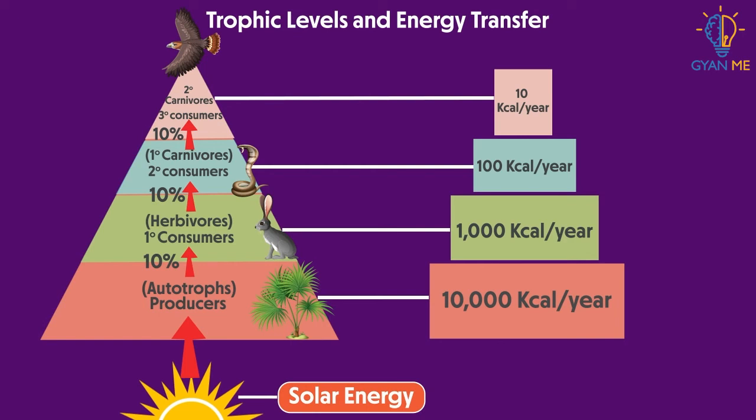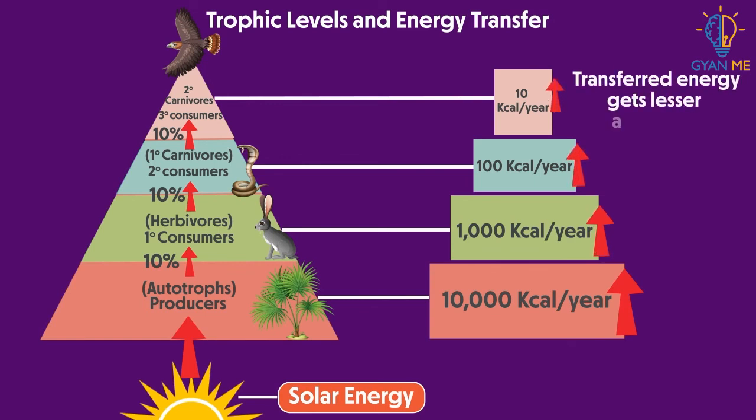Now students, you can observe that as a large amount of energy is lost at each link, that is at each trophic level, the amount of energy that is transferred gets lesser and lesser as we go up the food chain. And top order carnivores get only 10 kilocalories of energy out of 10,000 kilocalories of energy available at the producer level.